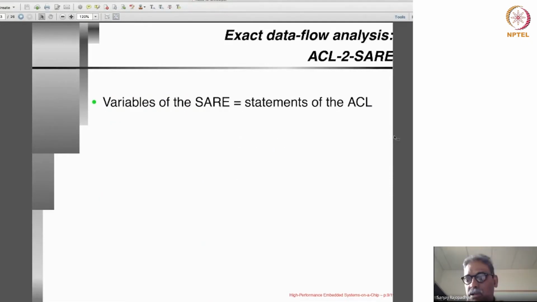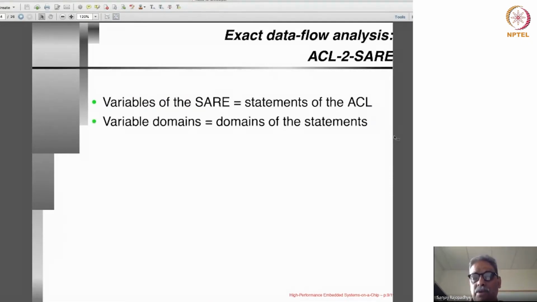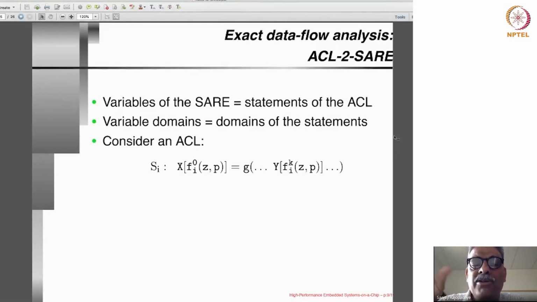All right, now we are ready to answer the data flow question. You may not know what a system of affine recurrence equations is. That's what SARE stands for, but don't worry about it. What we are going to do is to figure out these dependencies between statements and iterations.